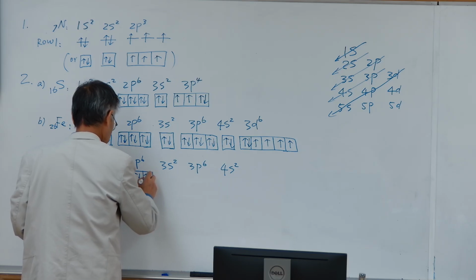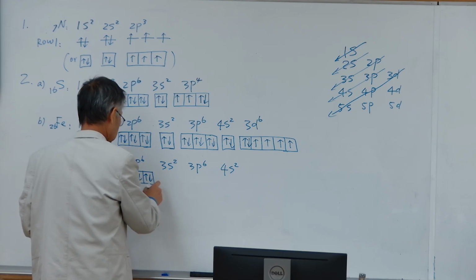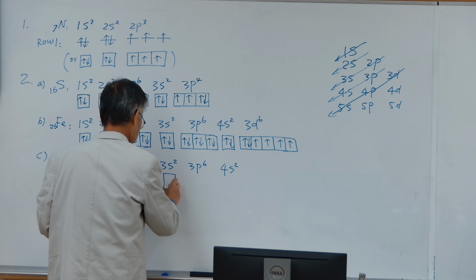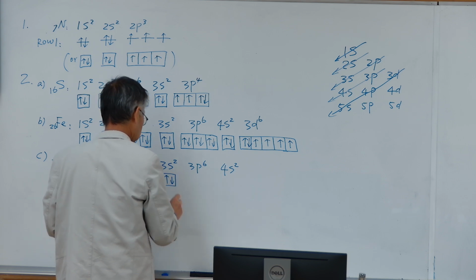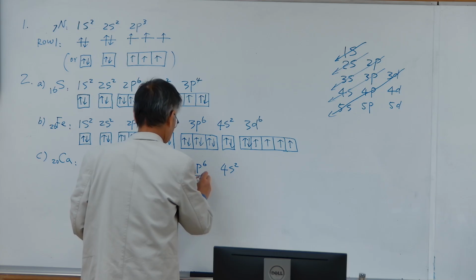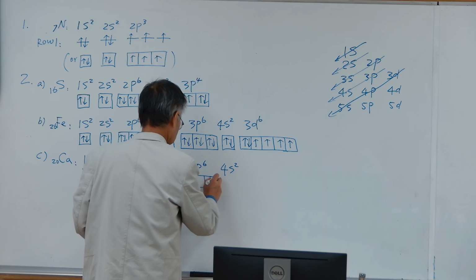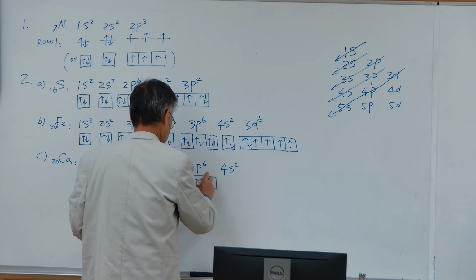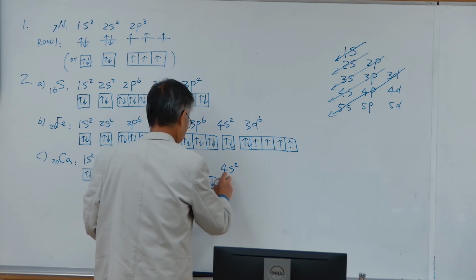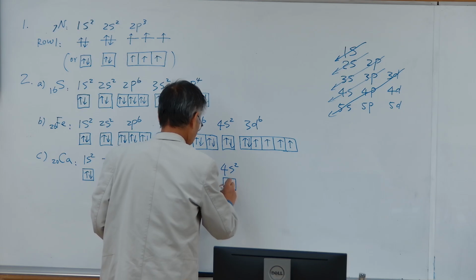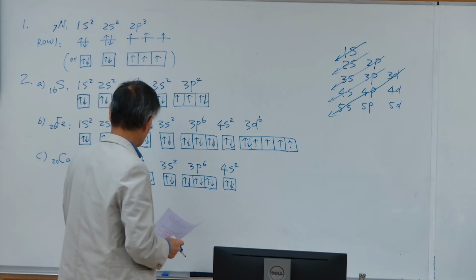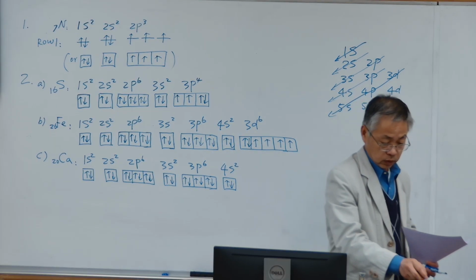There are 2 electrons in each orbital in opposite spin direction. 3s, 1 orbital. 3p, 3 orbitals. There are 2 electrons in each orbital with opposite spin direction. 4s, 1 orbital, 2 electrons in opposite spin direction. Okay. This is calcium.